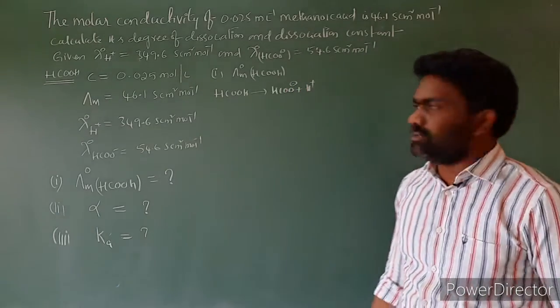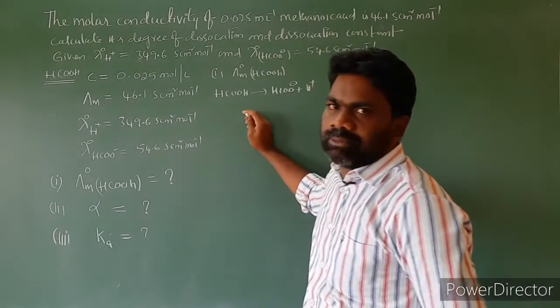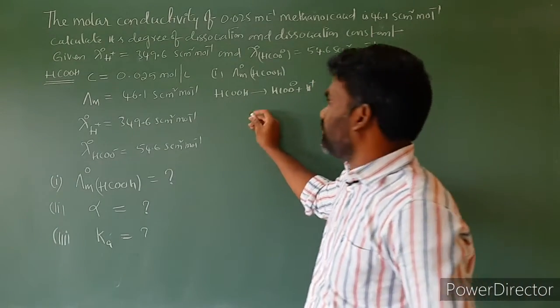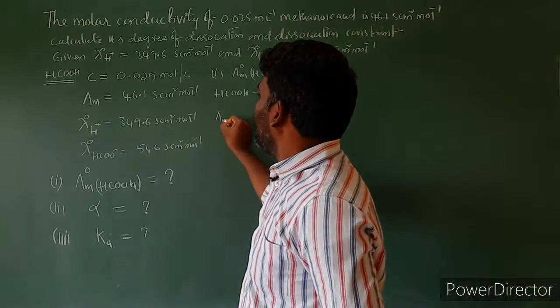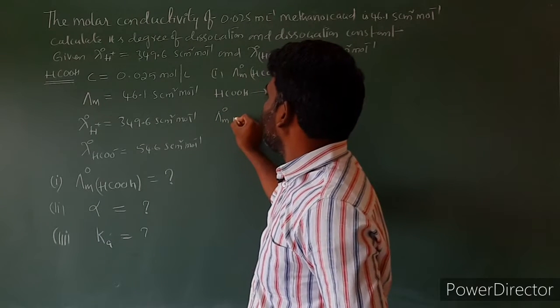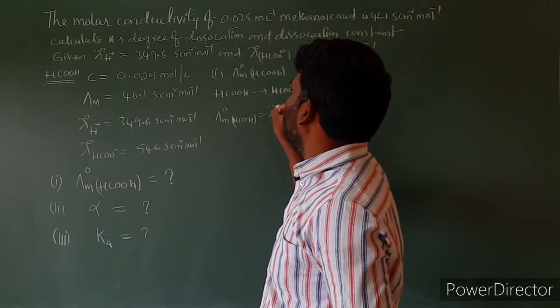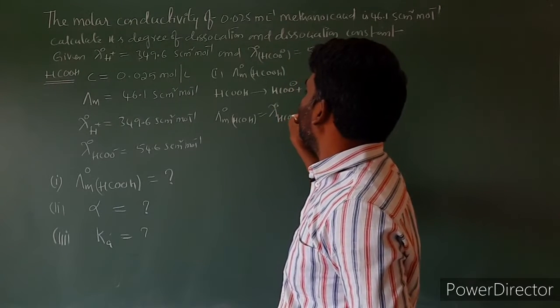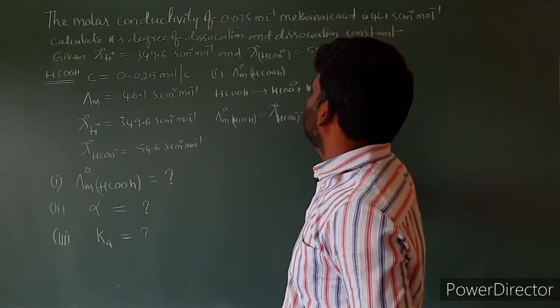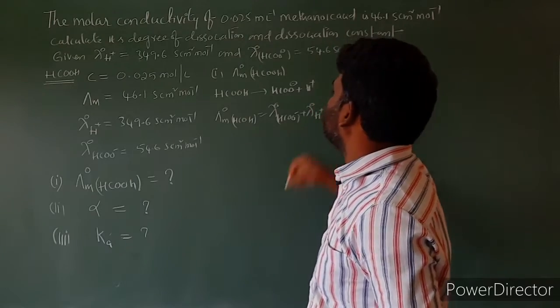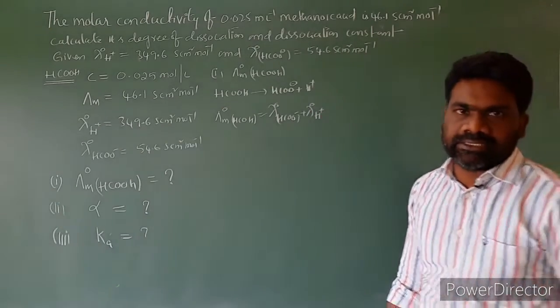This is the dissociation. For this case, we have to write the representation of limiting molar conductivity. Lambda m naught HCOOH is equal to lambda naught HCOO minus plus lambda naught H plus.